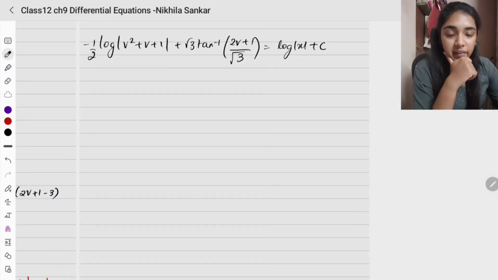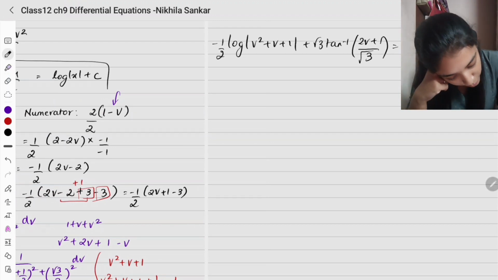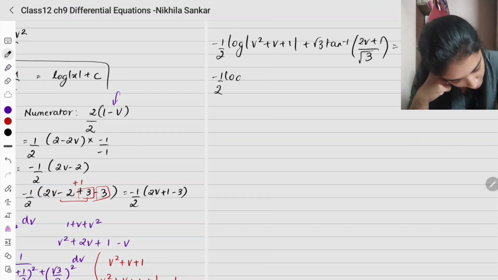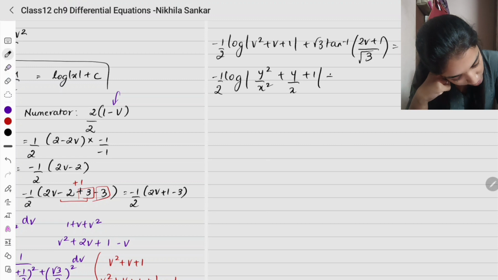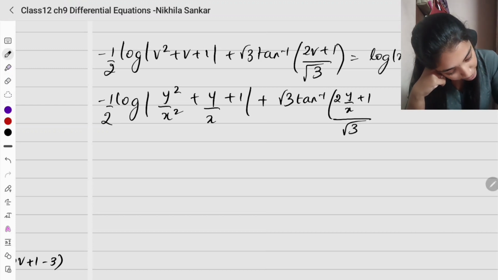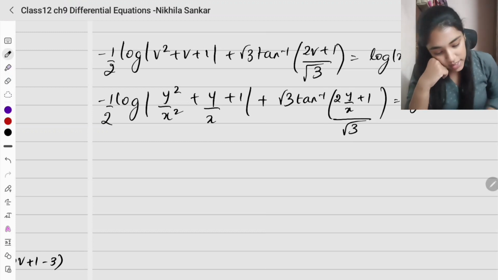So this is what I have. I have to make the substitution. Wherever I have a v, I have to put y divided by x. So I'm going to have half log of y square by x square, y by x plus 1 plus root 3 times tan inverse of 2 times y by x plus 1 the whole divided by root 3 equals log mod x plus c.